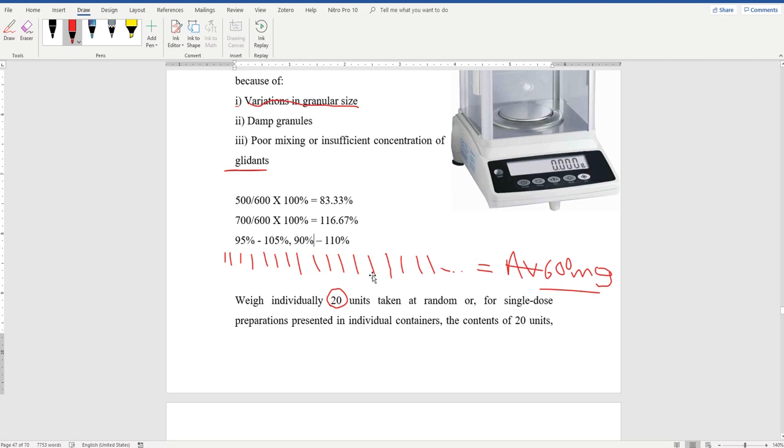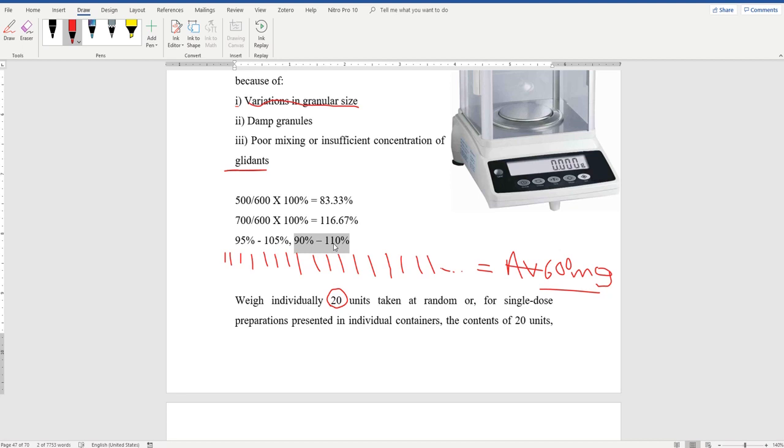Again, if one or two tablets maximum from the 20 percentages are not in the first range, compare with double the range, which is 90 to 110. If they are within the double range, 1 or 2 tablets only, then it also passed the test.